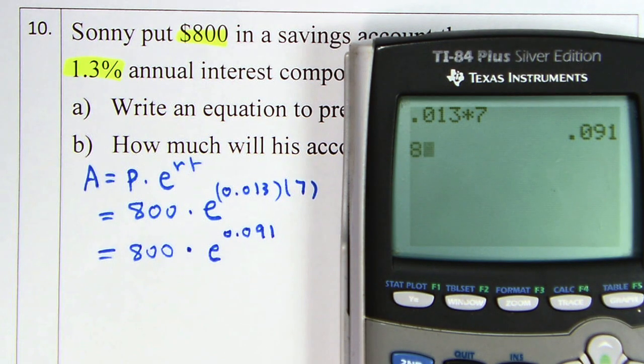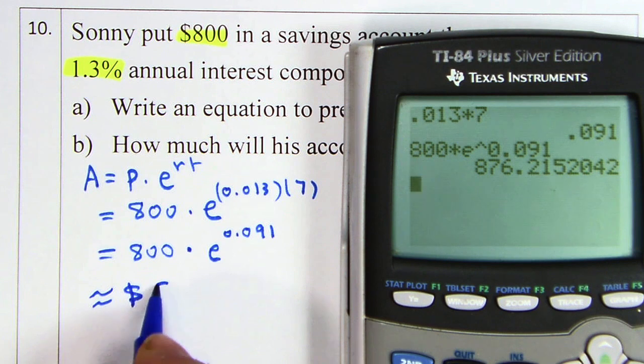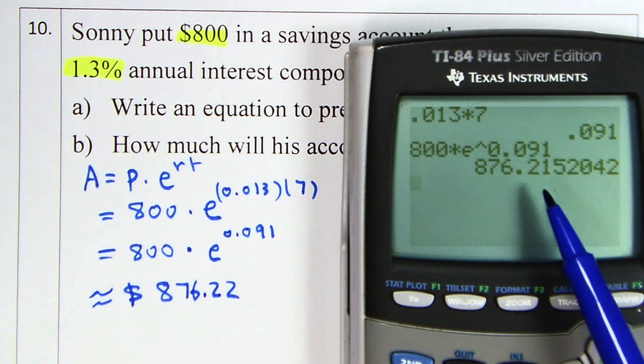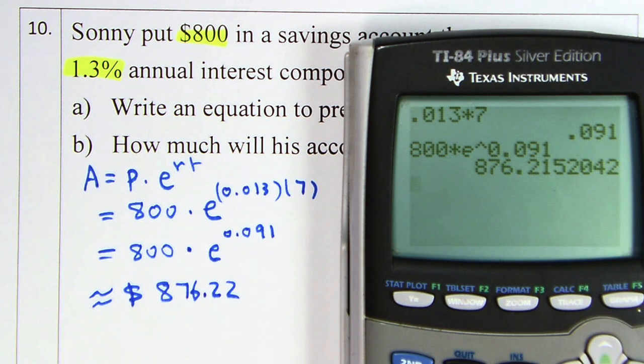Now we finish it, 800 times e to the power 0.091, approximate to 876.22, since we need to round to 2 digits. That should be 22 cents. And that should do it.